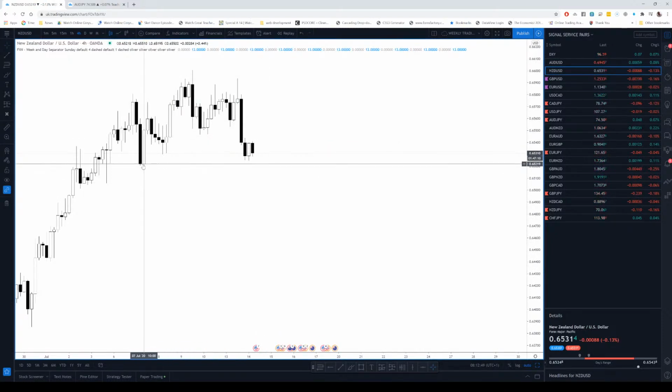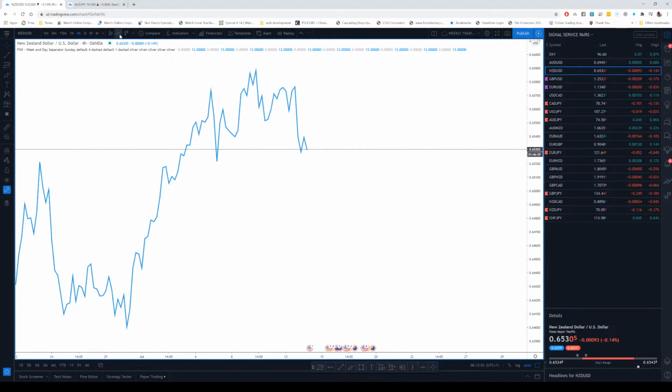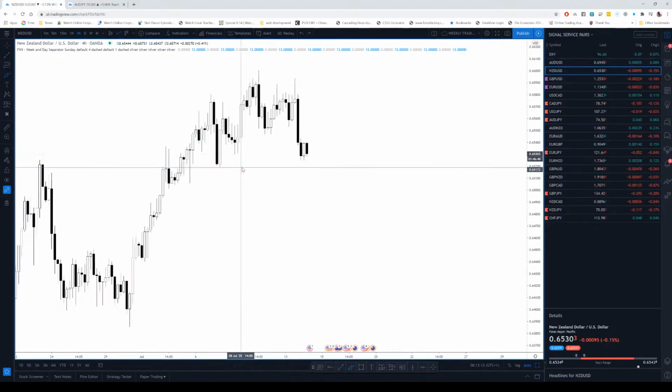Actually no, we don't have equal lows, but overall I can see there is a 10 in price. Let's have a look. Okay, we need to take out this low first before we get a 10 in price.